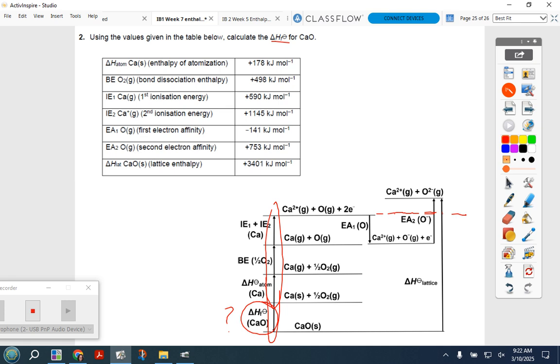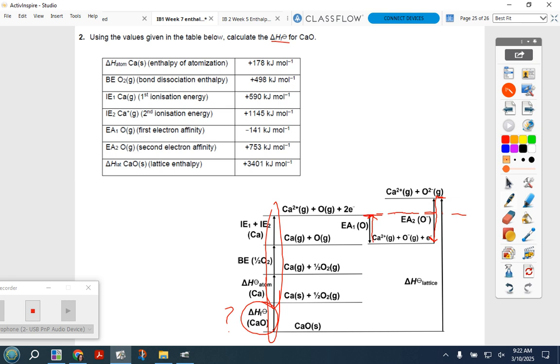So we have to figure out how to incorporate our electron affinities. And if you think about it, we're here and we want to go there. So we're going to have to go down here and then up here to get to that spot.